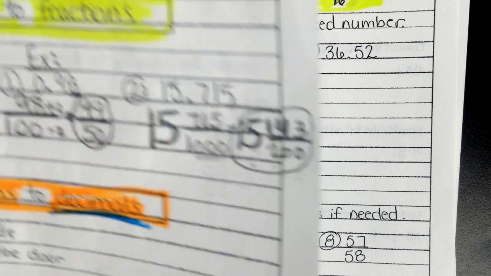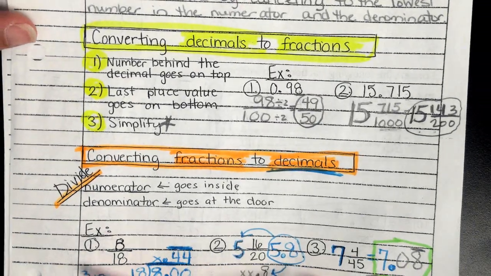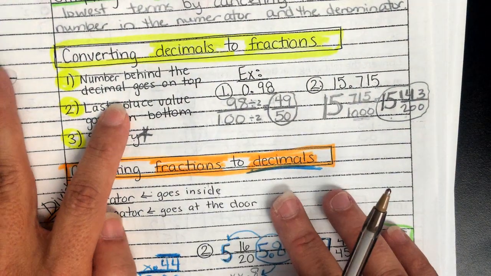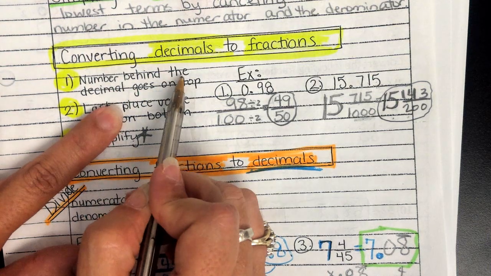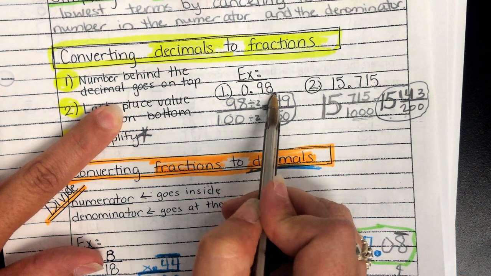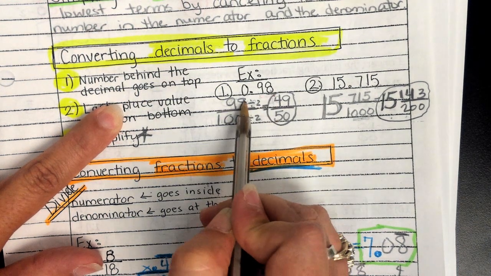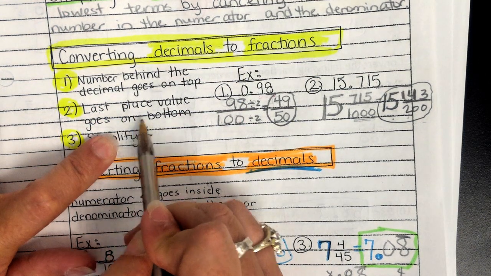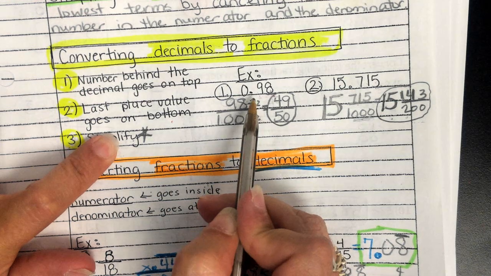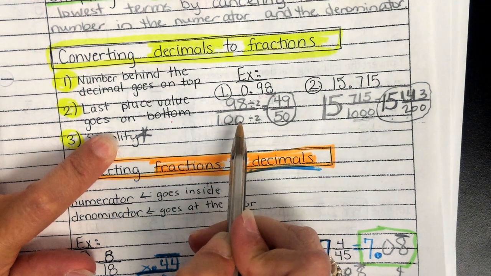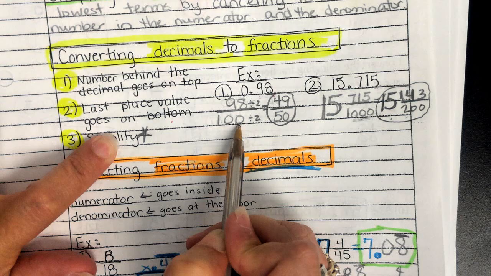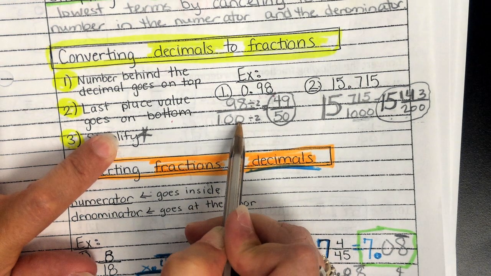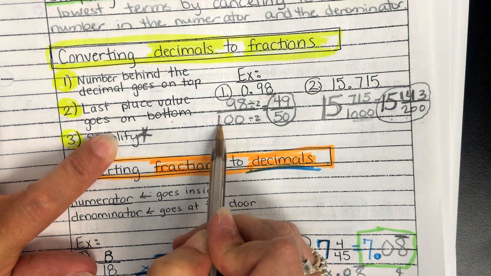No, what it says, I happen to have it hanging here. So look, here's the rules. It says the number that's behind the decimal goes on top. So 98 is on top. Whatever the last place value is goes on bottom. So that 8 is in the hundredths column. And then a good trick is if there's two numbers here, there's two zeros, and add a 1 in the front. Okay?